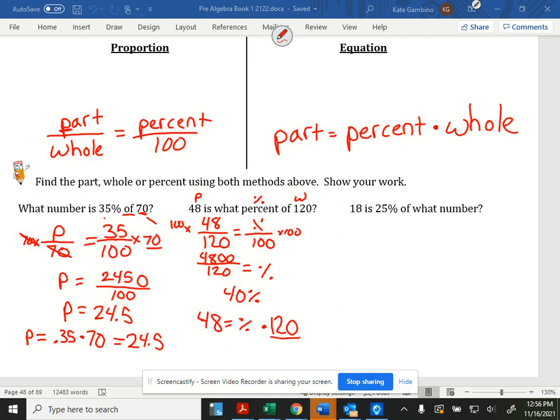So we're going to divide by 120 and divide by 120. 48 divided by 120 gives us 0.4. We want to turn that into a percentage. 0.4 is the same thing as 40%. So if you want to find the percentage, if it's saying what is the percent, you have to change your decimal to the percent.